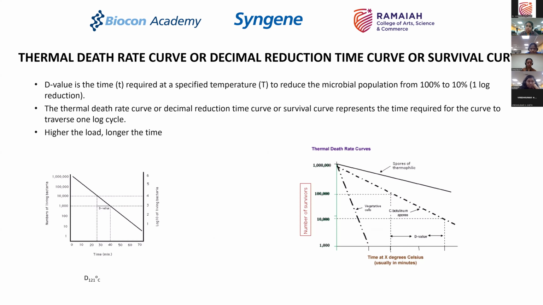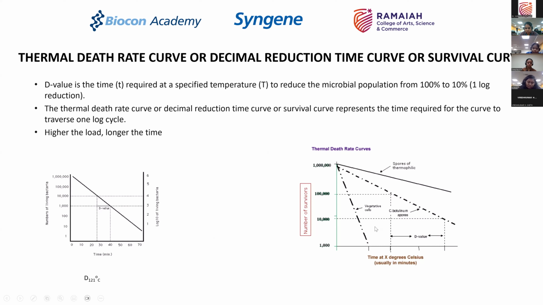There is another way of expressing the same D value, which is by looking at the number of survivors. So this was the number of living bacteria, or the number of survivors, the same thing. But then you take different spores.